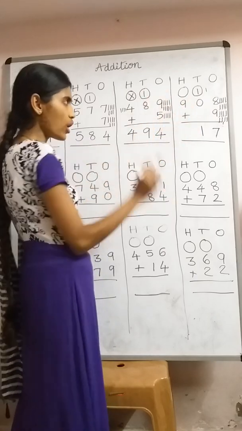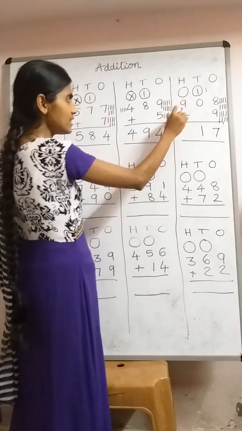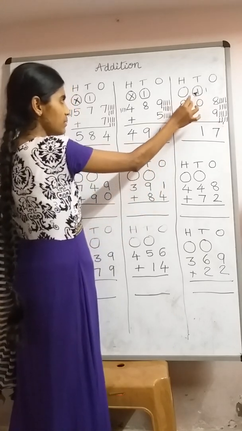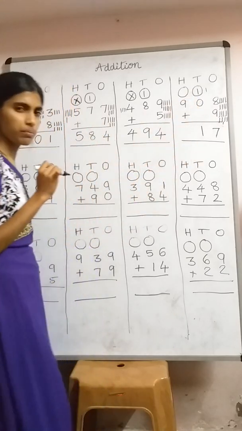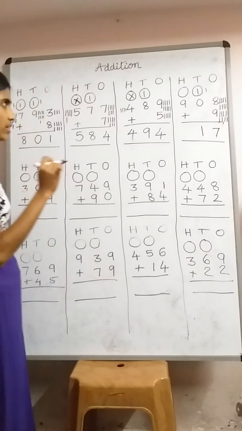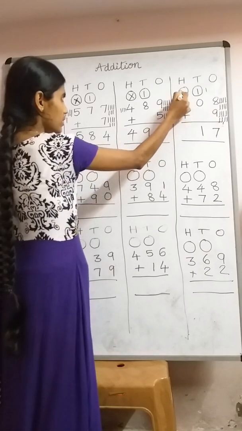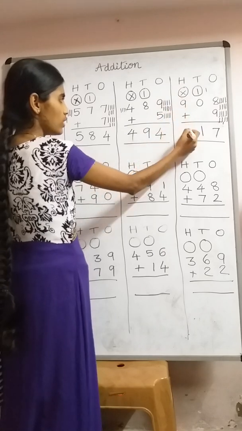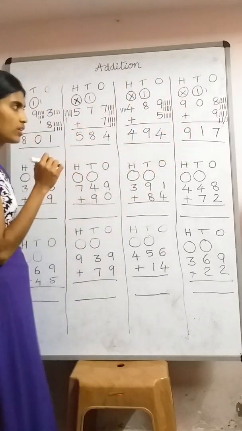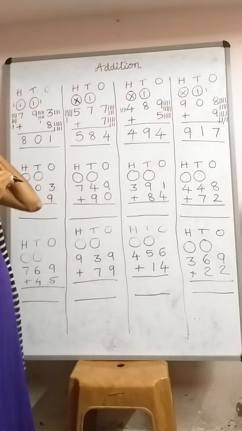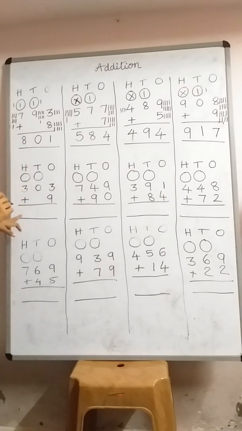As you do not have any number and here it is 0, whatever number is in the circle, the same number you can write down. So here what do we have now? Nothing. Yes or no? Only 9 is present. So our answer is 917. Let's move to the next one.